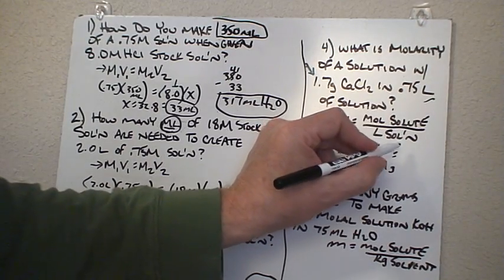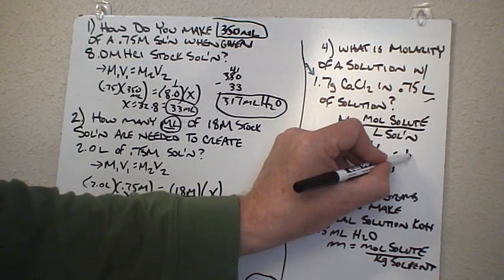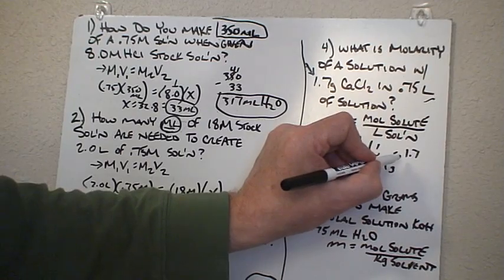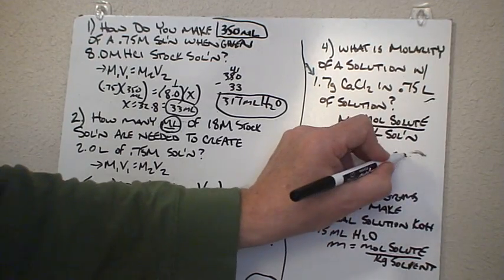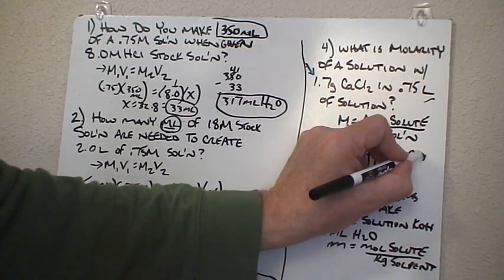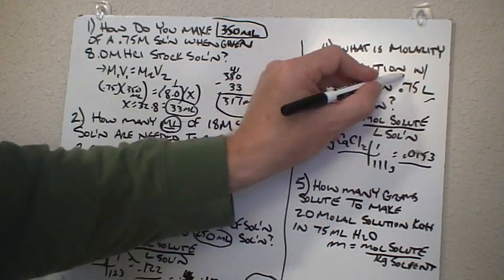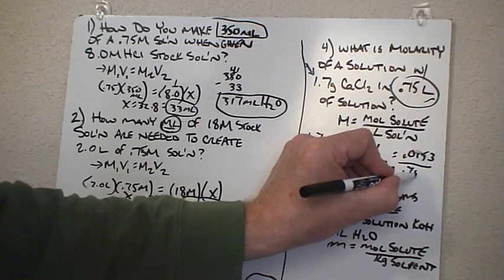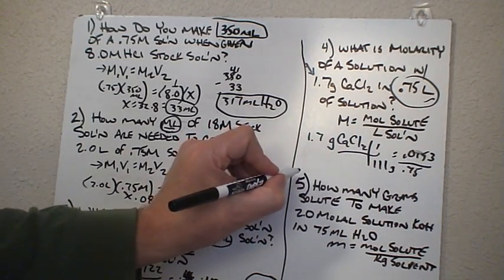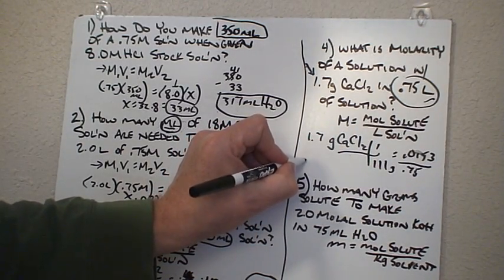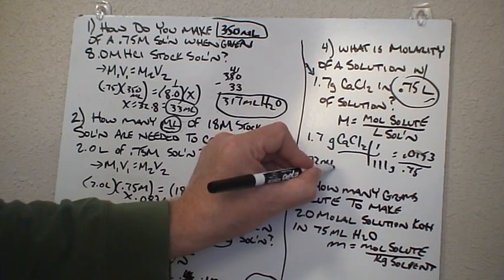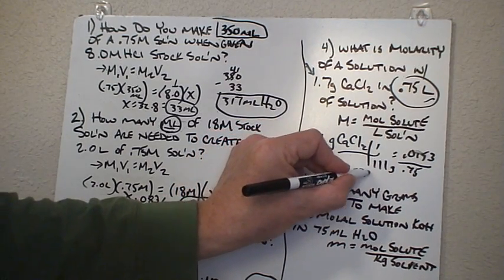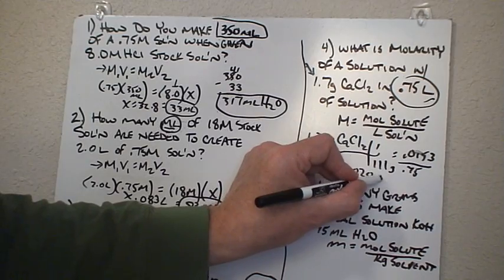So I end up with an answer of 0.0153, and this is already in liters, so I just have to divide that by 0.75, and I end up with an answer of 0.0204, which gives me an answer of 0.020 molar.